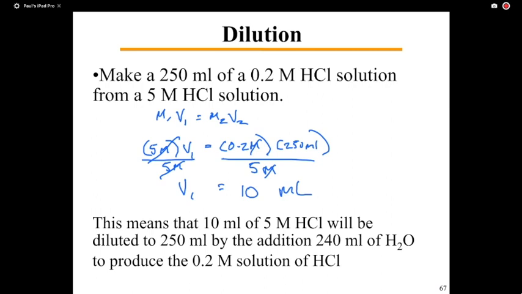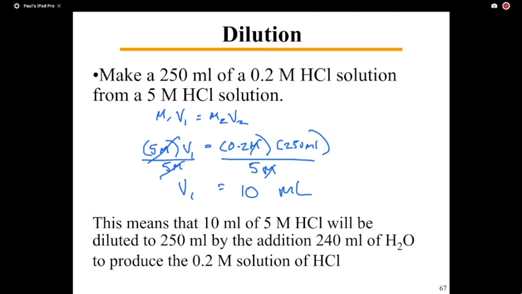240 mils. So just doing the numerical calculation doesn't finish this. You've got to think about what you need to do to finish creating that solution. Usually you take a very small amount of the concentrated, put it somewhere special, and then add water to get it up to the final volume that you calculated you wanted it to be.